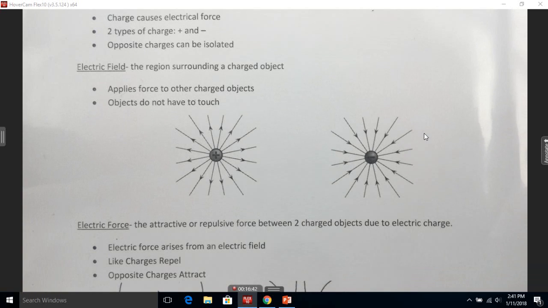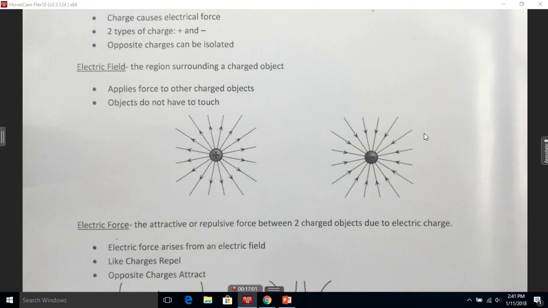Okay, so where do electric forces come from? The electric field. The electric field has the forces. Now let's talk about these forces. What's a force? A push or a pull.